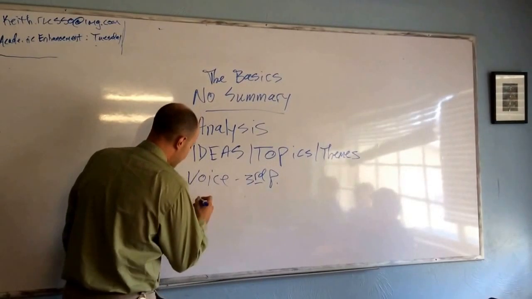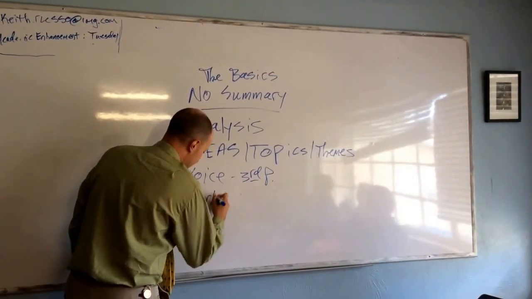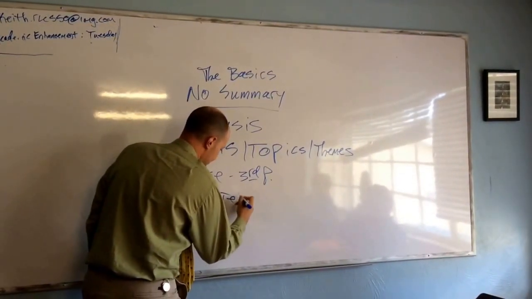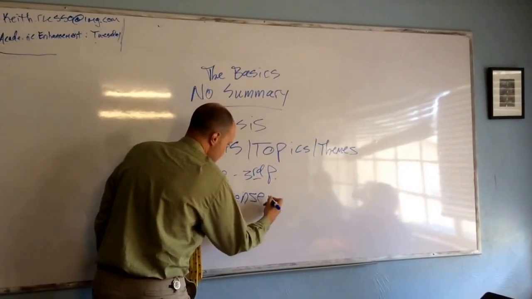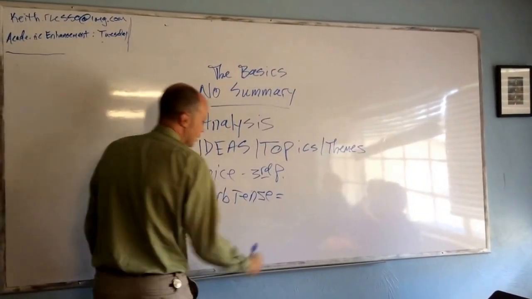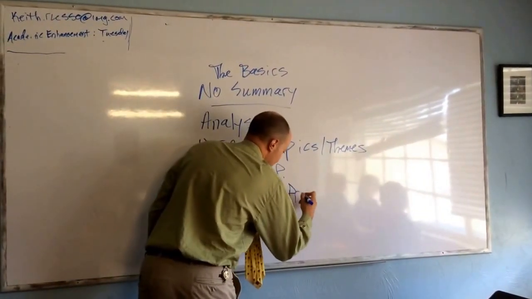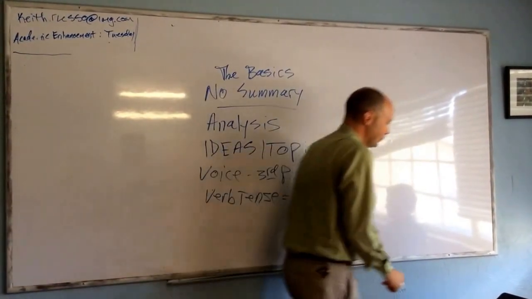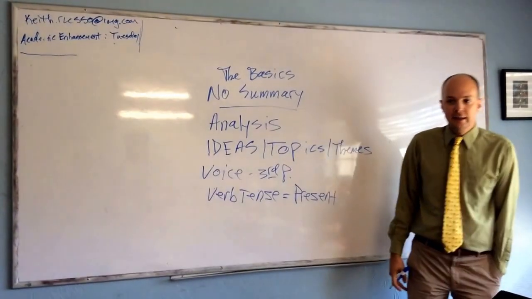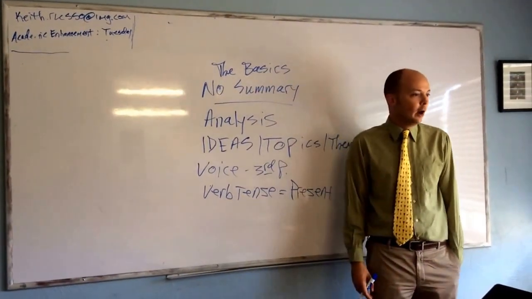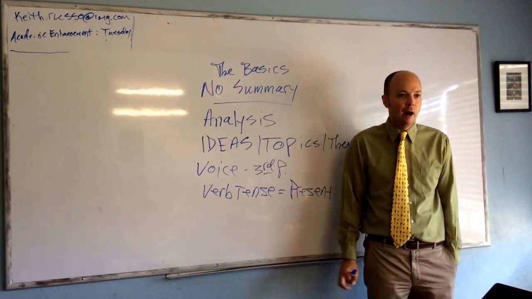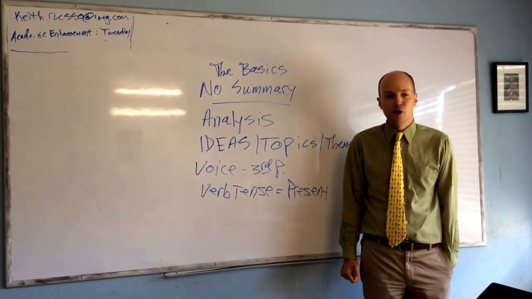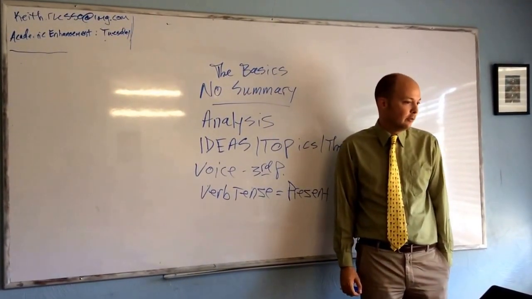Tense. Verb tense. What verb tense is used in literary analysis, please? The past tense. Incorrect. Present tense. Present. Thank you. The present tense. In English, we always use the present tense about a story. Literature is always alive.